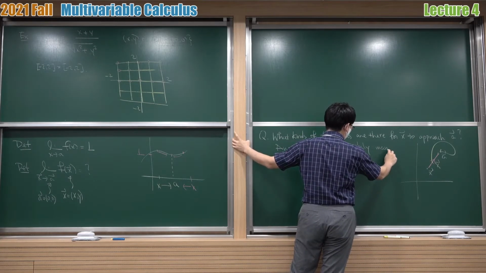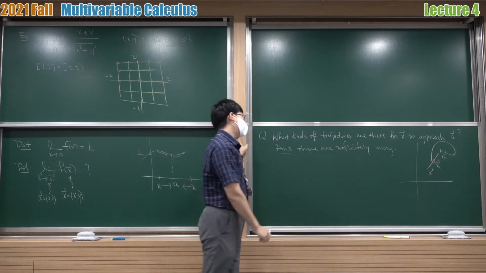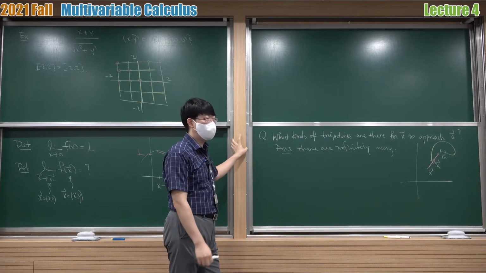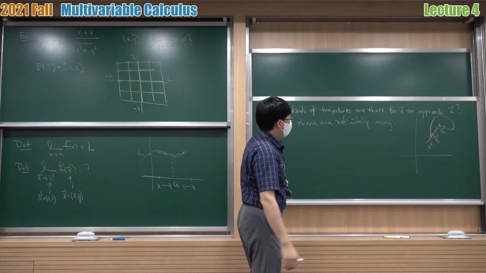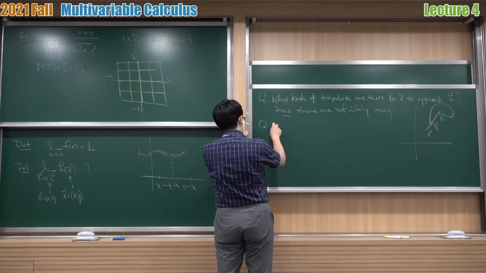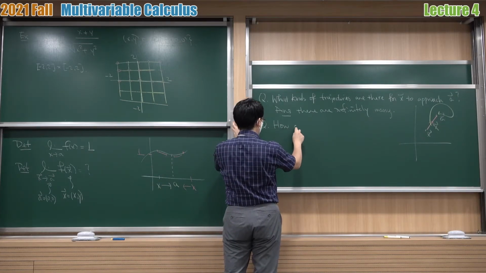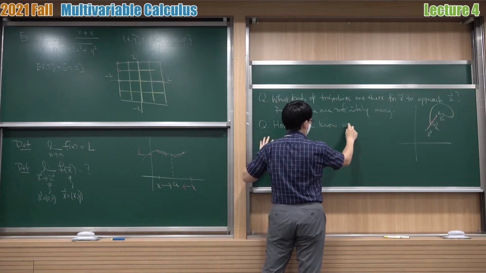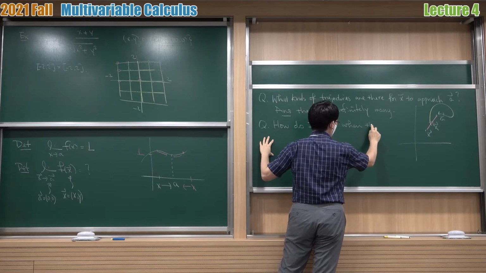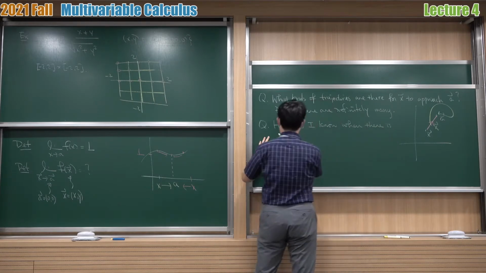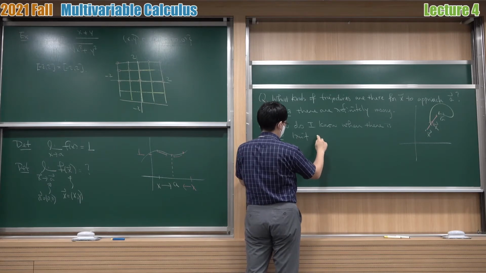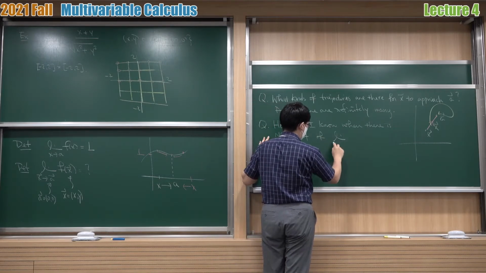And I cannot consider every trajectory because there are so many. I mean, it's impossible. The question is, how do I know when there is no limit of the function?